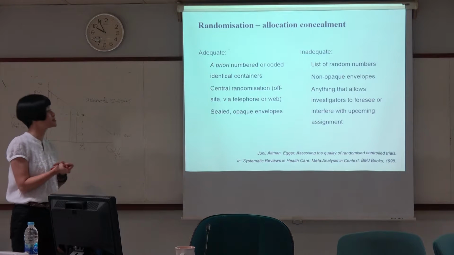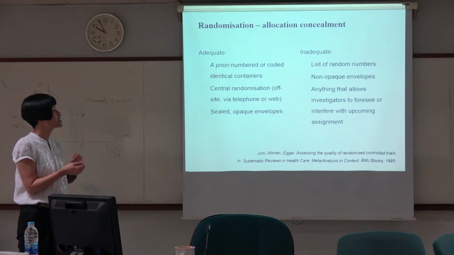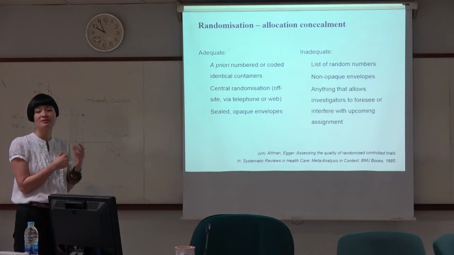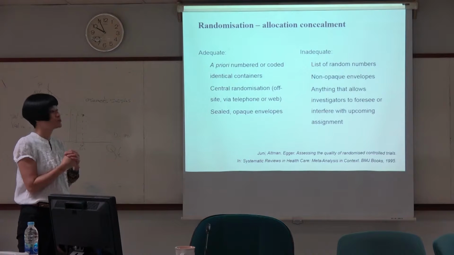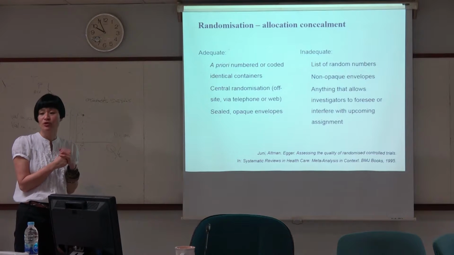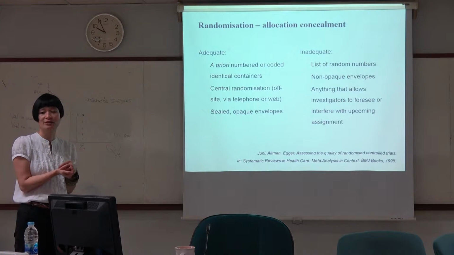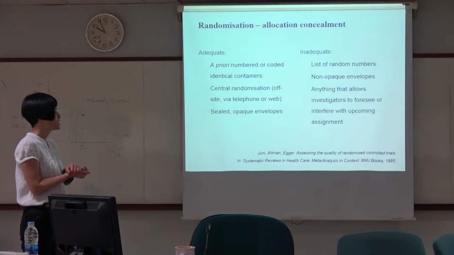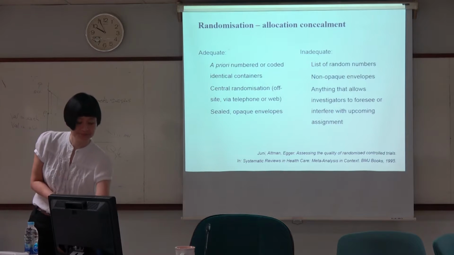It's inadequate to have a list of random numbers, non-opaque envelopes, or anything that allows the investigator to foresee or interfere with the upcoming assignment. So if somebody's been randomized to a control group and there's a mechanism for the clinician to find out and decide that actually I don't want my patient to go into the control group, I want my patient to go into the treatment group. So those are just some of the examples.